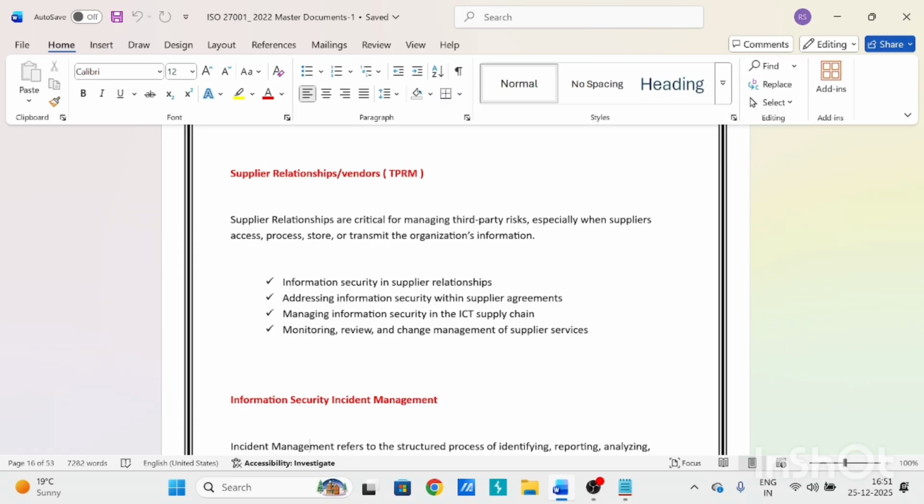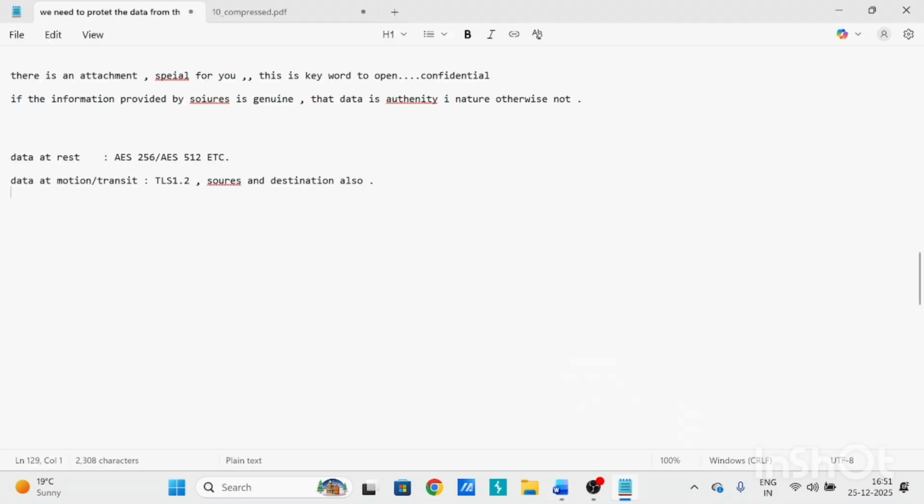TPRM is a major part of ISO 27001. Okay, let me open the notepad here so it's more clearly visible to you. If we talk about TPRM, let's discuss from the initial phase. What is the purpose of TPRM? Why are organizations spending so much money to manage third party risk?